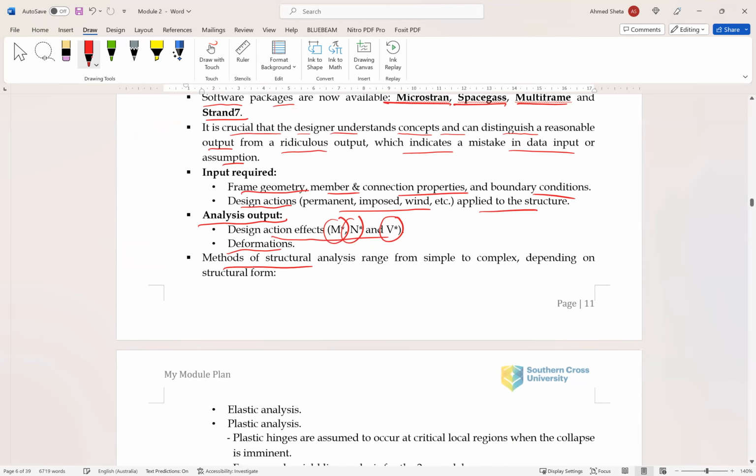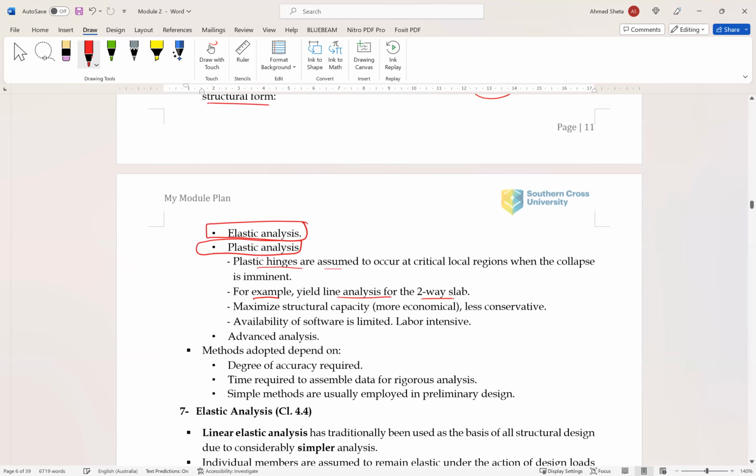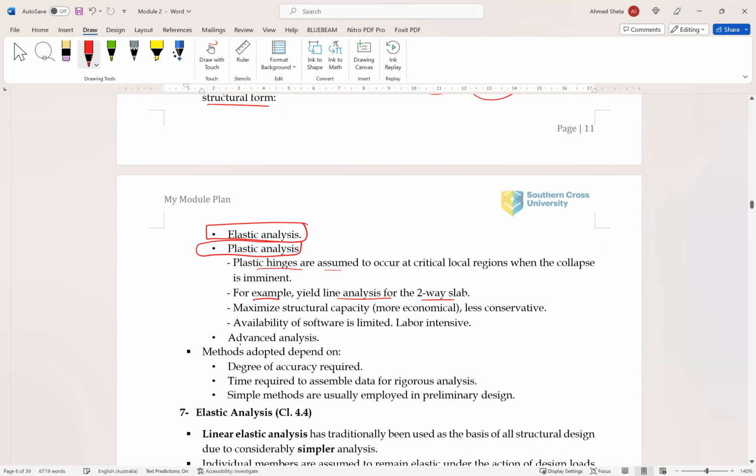Methods of structure analysis range from simple to complex depending on the structure form. So we have elastic analysis and plastic analysis. In plastic analysis, plastic hinges are assumed, for example, yield line analysis of the two-way span, and so on. The methods of structure analysis depend on the degree of accuracy required.